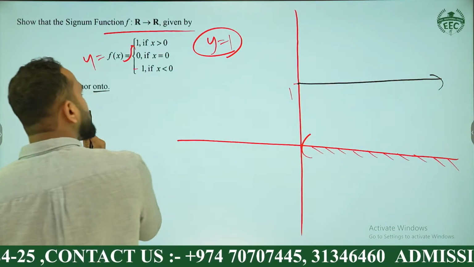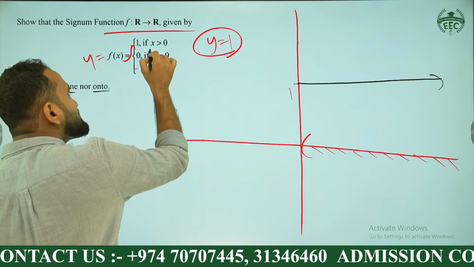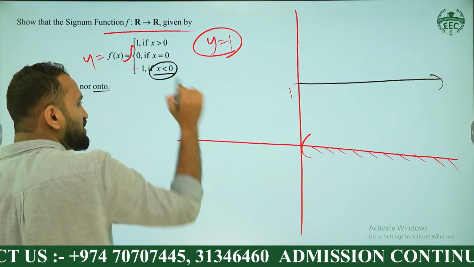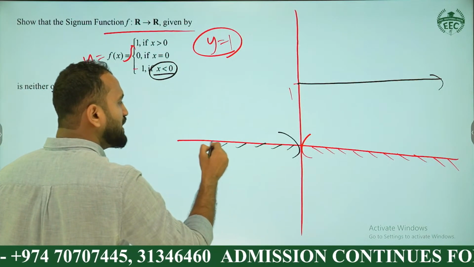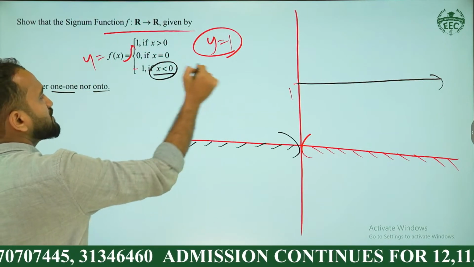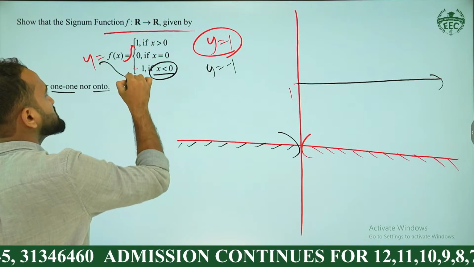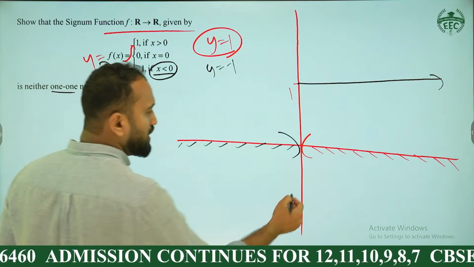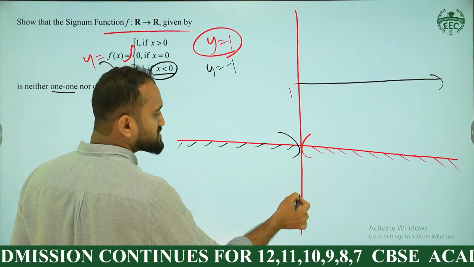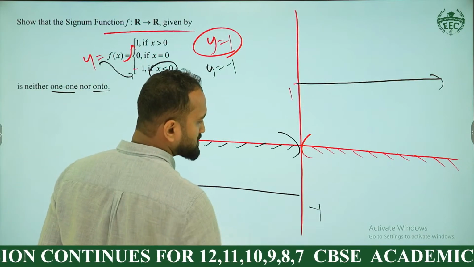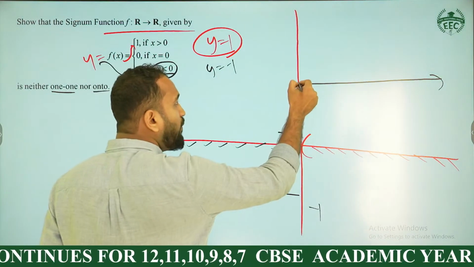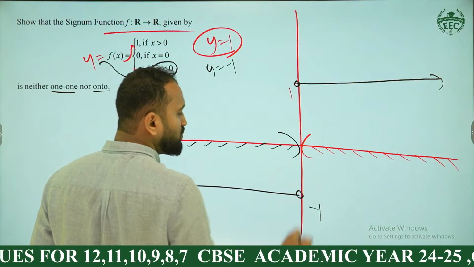That happens only for this part. Why is this not happening here? Because if x is less than 0, it was found that the y value is equal to minus 1. y is equal to minus 1. So for all negative values of x, you can see something like this. y is equal to minus 1. See, here both these points should be excluded. Why?